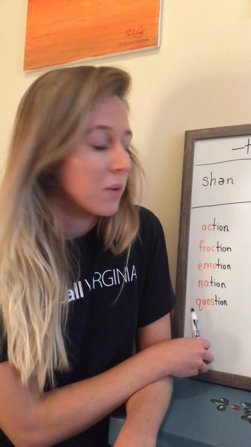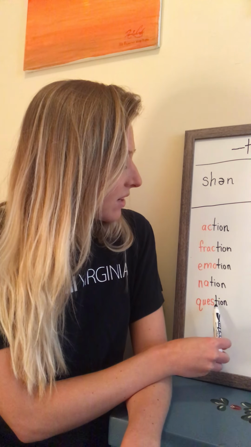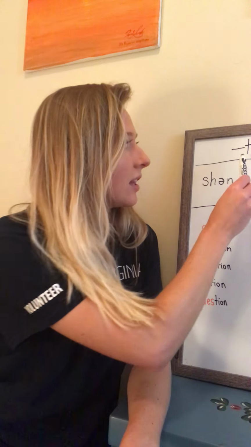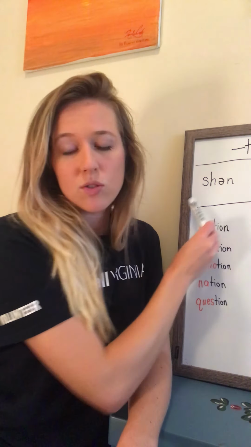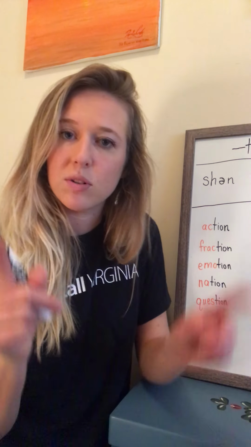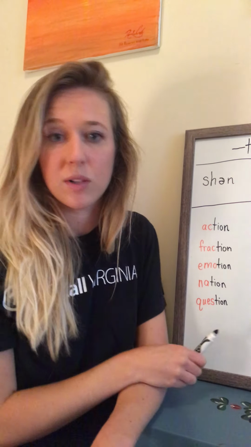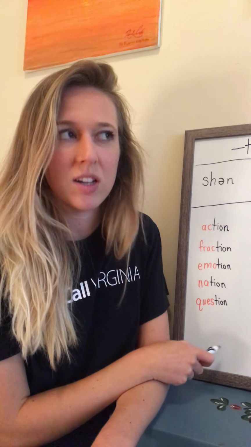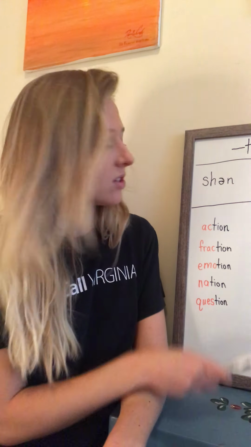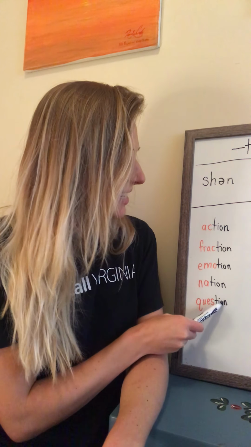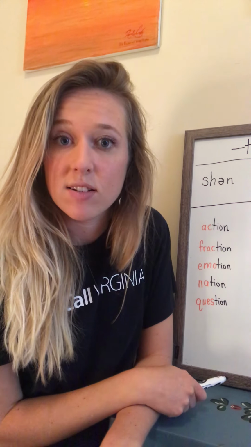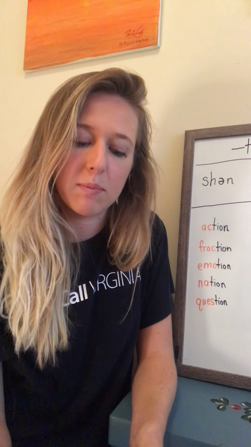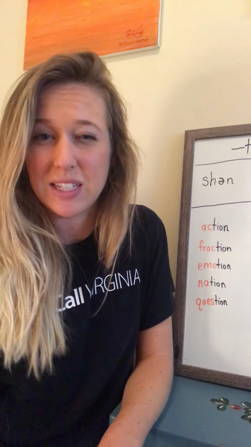Those are really long words. But if you can figure out that this says its own special sound, then you only have to pronounce the first part of the word, like action. The first part you would only have to figure out how to pronounce. So if you know the ending for that special sound, then it'll help you be able to sound out the rest of the word a little bit easier.